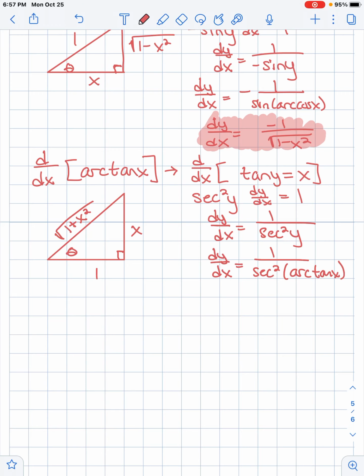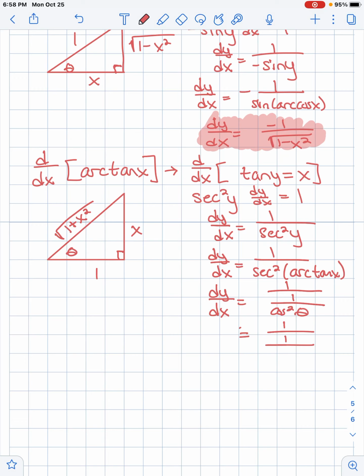Okay, now we need to find secant squared. We've talked about this before. Some of you will know an even shorter way to do this than what I'm about to, but that's okay. We know that secant squared is 1 over cosine squared of that angle. Cosine is adjacent over hypotenuse. So we end up with 1 over cosine squared, which is adjacent over hypotenuse.